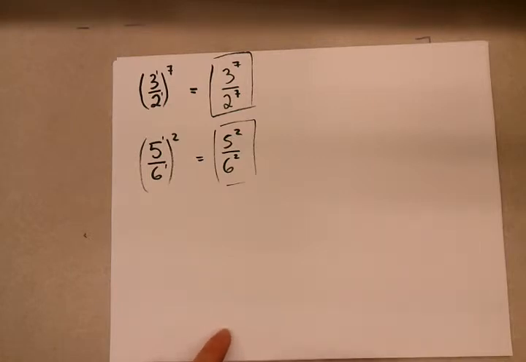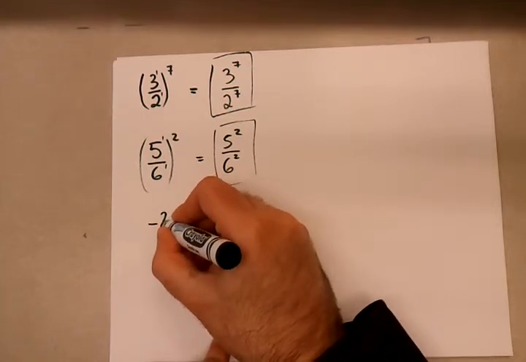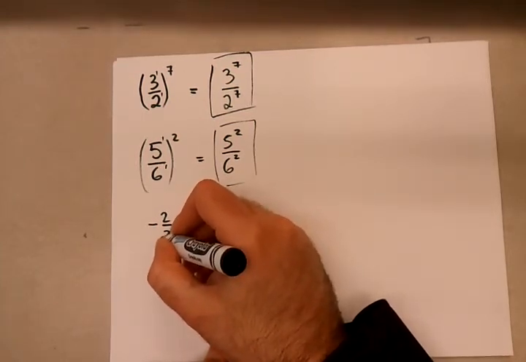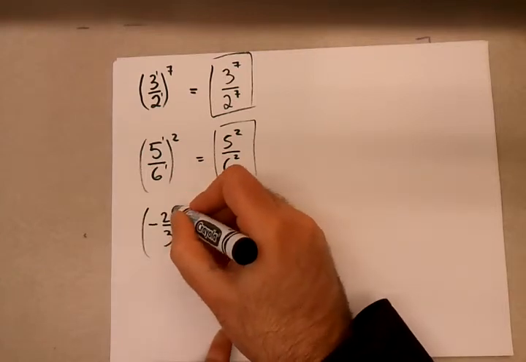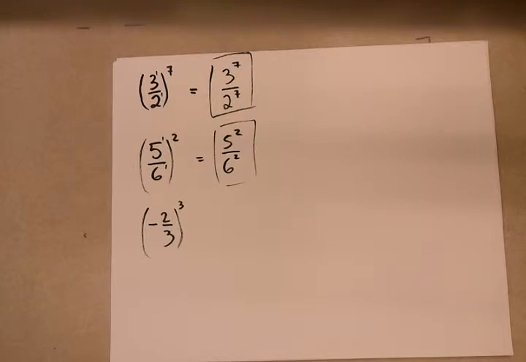Let's do one that's a tad bit different, just a little bit. What if we have negative 2 over 3 all raised to the third, or cubed. Again, this is very similar to what we have done so far, but this negative here doesn't apply to both the numerator and the denominator. It applies either to the numerator or the denominator.